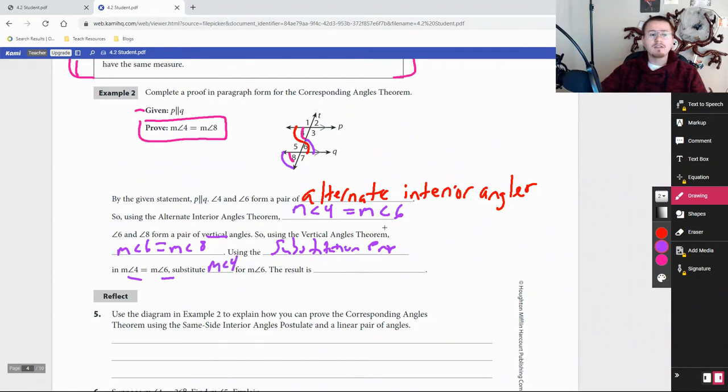You replace 4 with 6, and you'll end up with measure of angle 4 equals measure of angle 8, because they're equal. So identify what angles you have, identify what angles you need, and then use those theorems to prove your point.